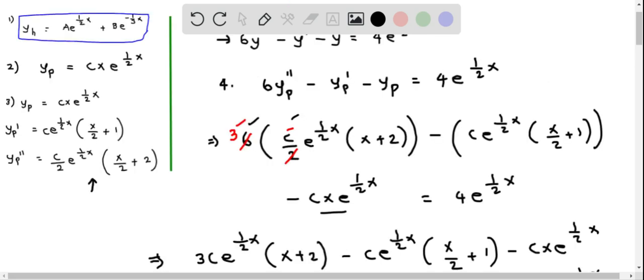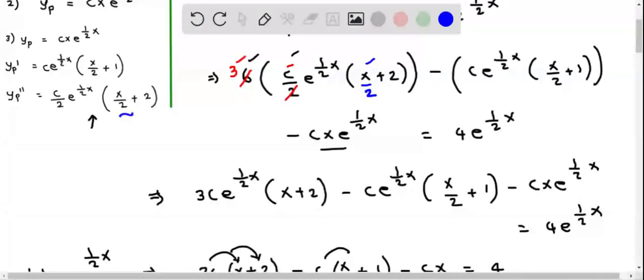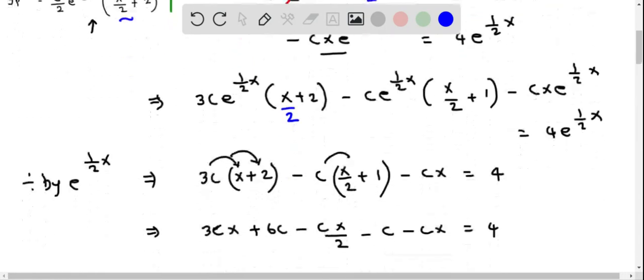Okay, I observed that I have made a mistake when copying this yp double prime. So yp double prime, this involves x by 2, but here I have written as x. So I'm going to change this to x by 2. So this will be replaced as x by 2. And so therefore this is x by 2.